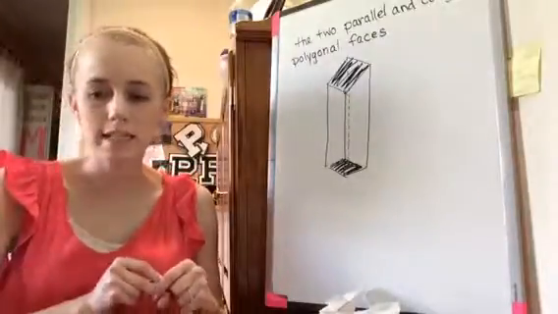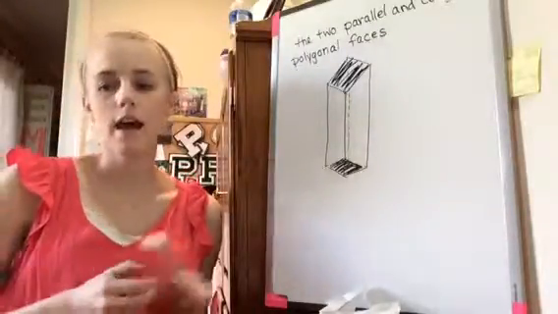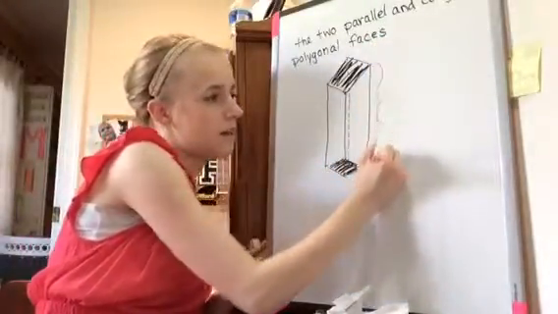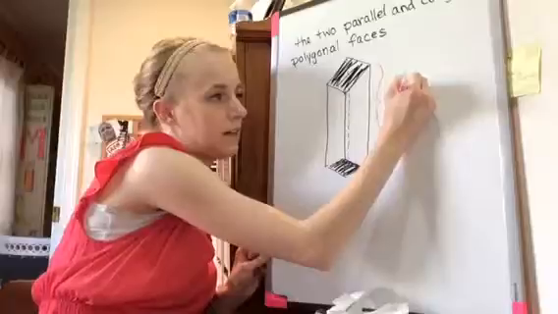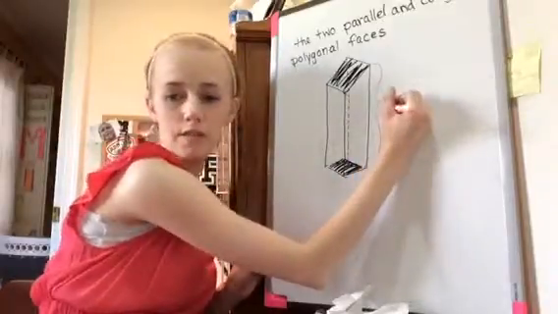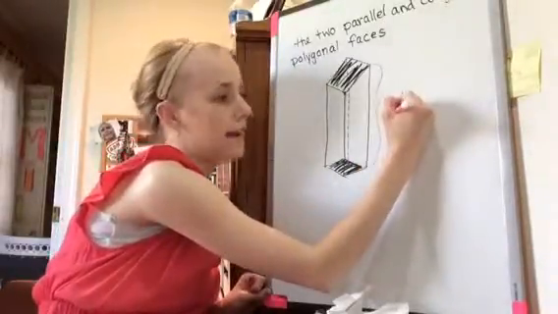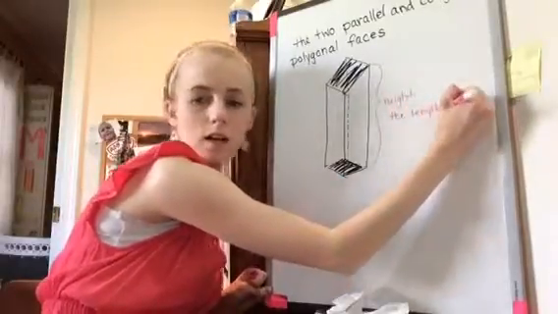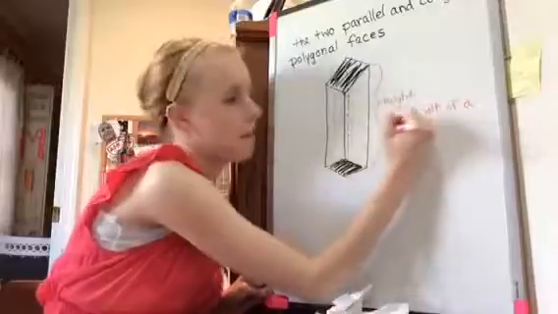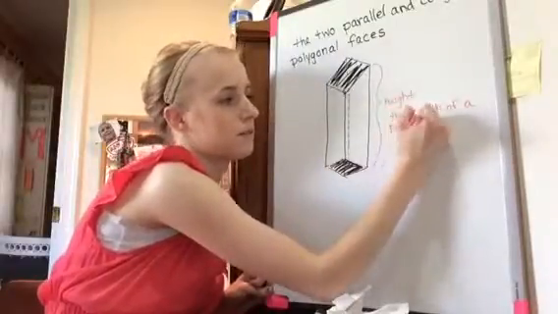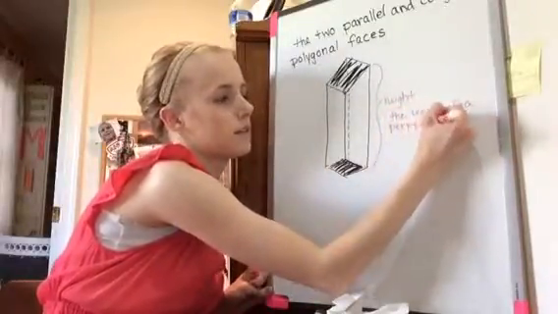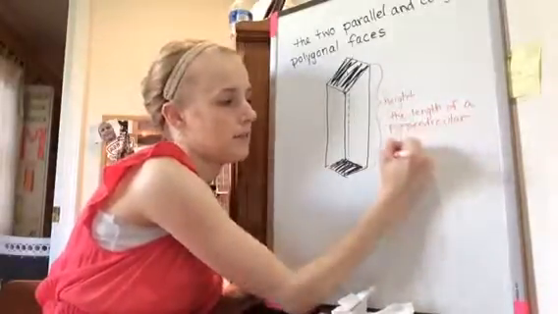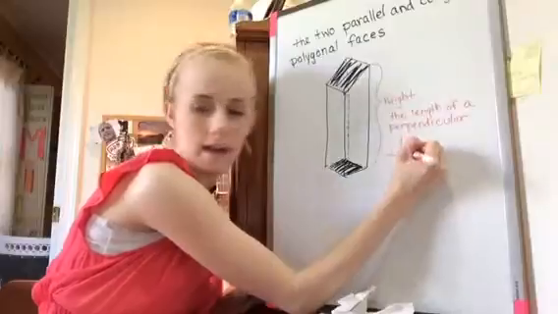All right. The next thing is the height of the prism. Like we said, this would be our height. And the height is going to be the length of a perpendicular segment that joins the bases. Remember, perpendicular is when two line segments form a 90-degree angle.